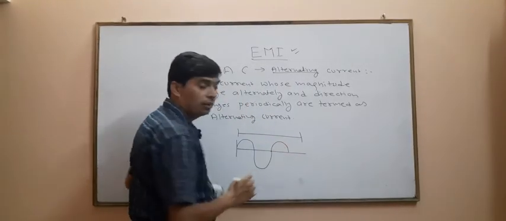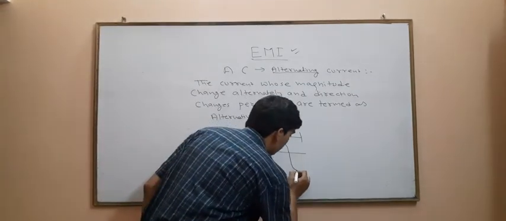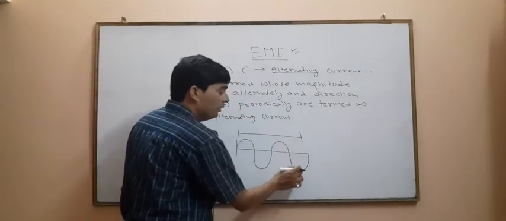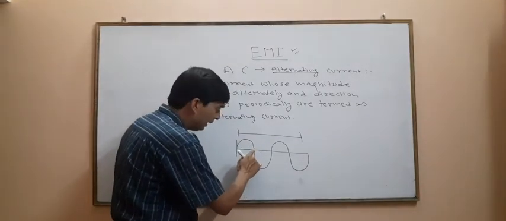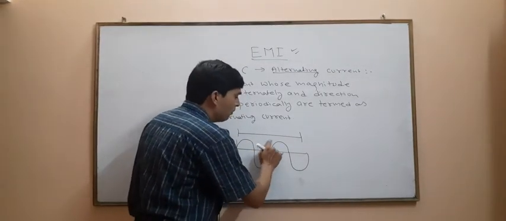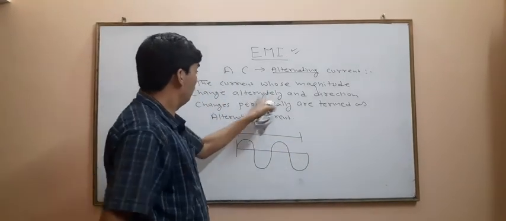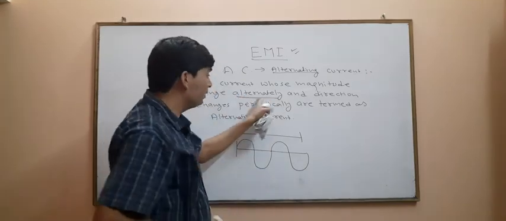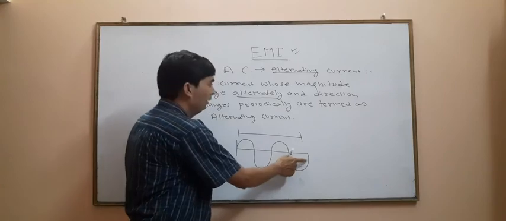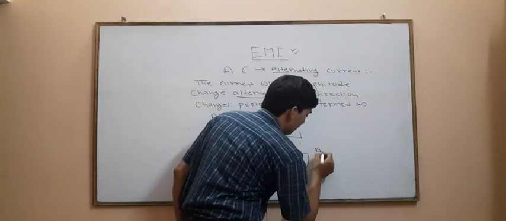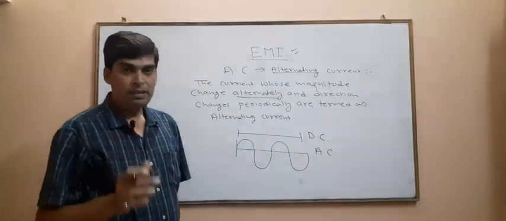So the current is maximum to minimum, again maximum to minimum, maximum to minimum. So the magnitude is changing alternately, plus minus, plus minus. So this type of current is AC. This one is DC. Please revise this much.